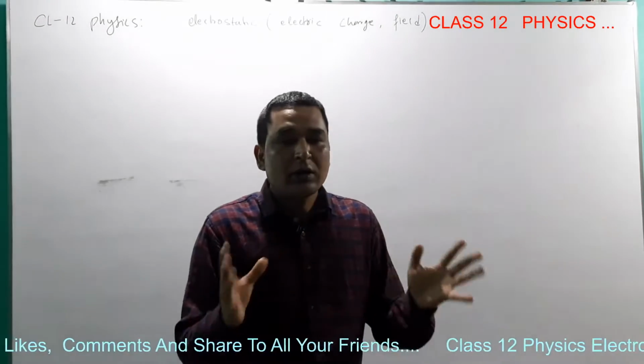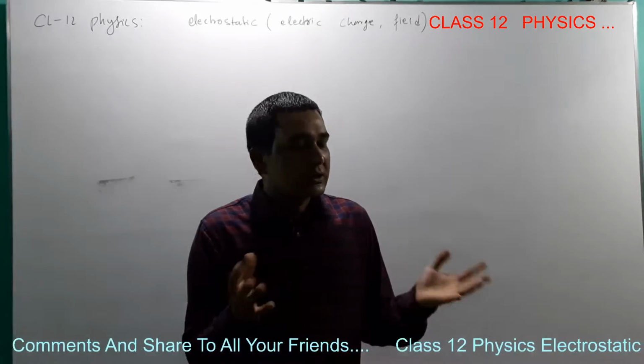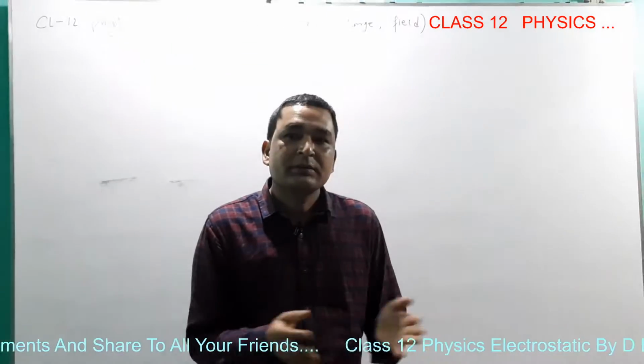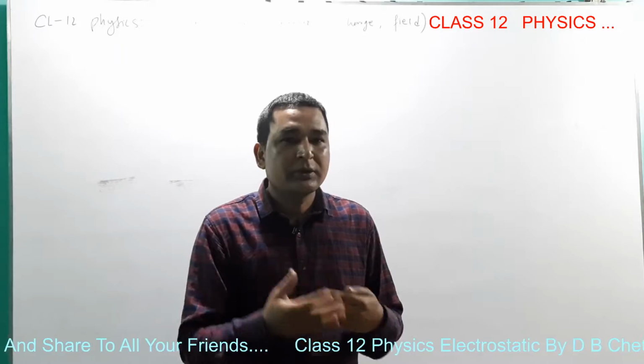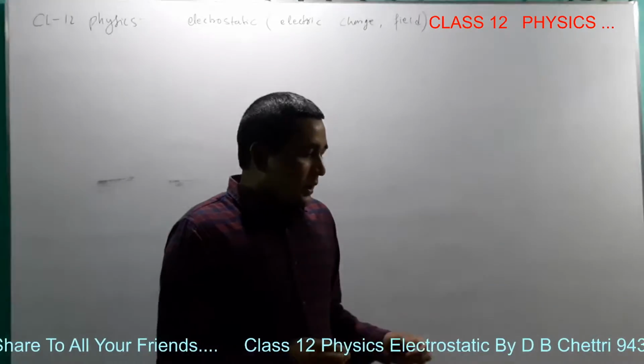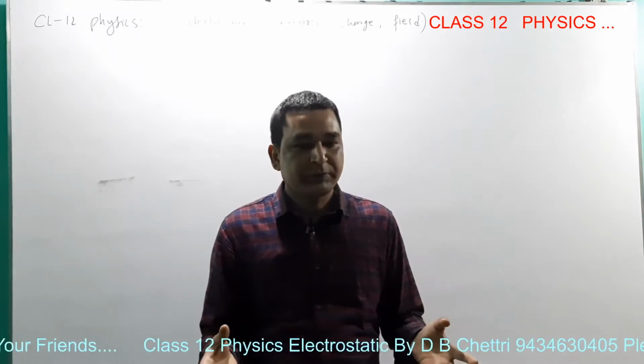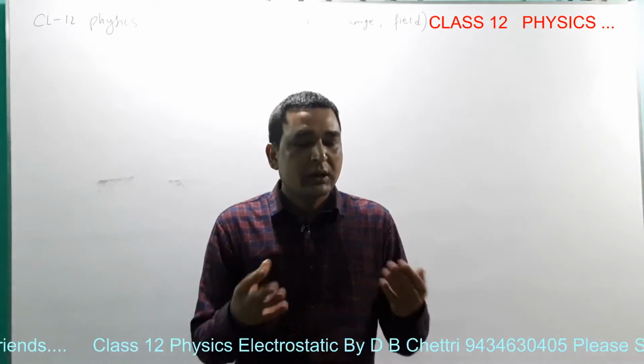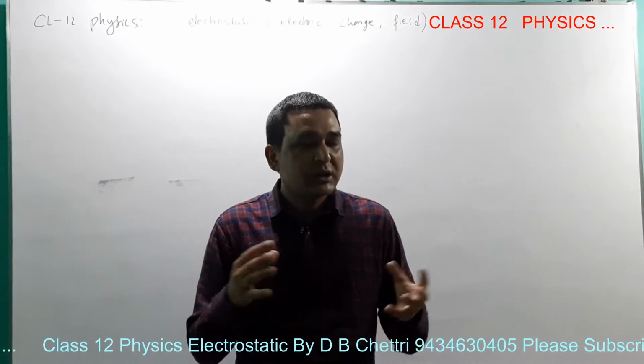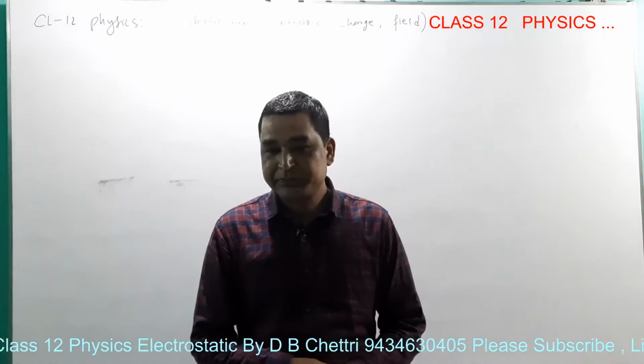That's why all objects in this universe are electrically neutral unless something else is done. Suppose you took two objects; before rubbing them, they are electrically neutral, which means their net charge is zero.